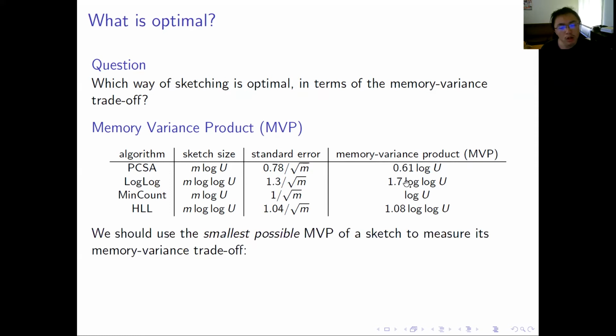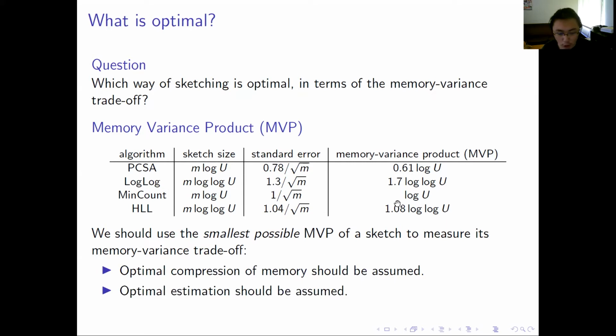So in fact, we should assume the smallest possible memory-variance product that a sketch can achieve as its performance measure. Specifically, we should assume optimal compression and optimal estimation.